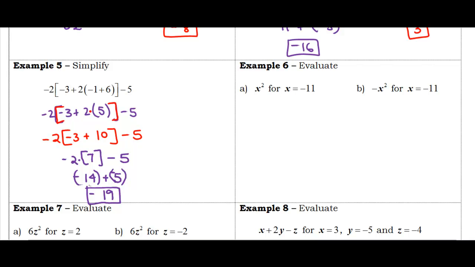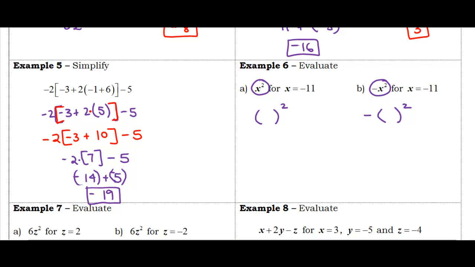Right? Okay. Now, in A, what does x squared mean? Something to the second power. What does negative x squared mean? Negative something squared. Right? Try both of these and see what you end up with.